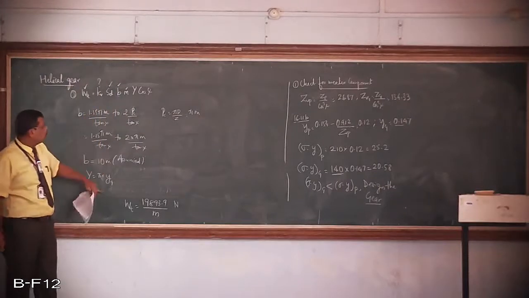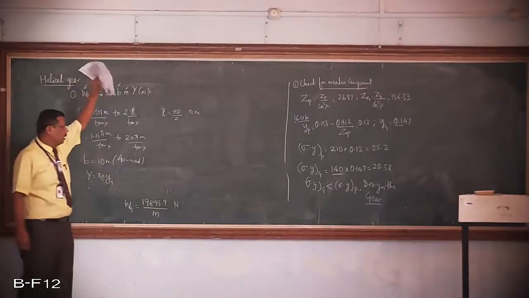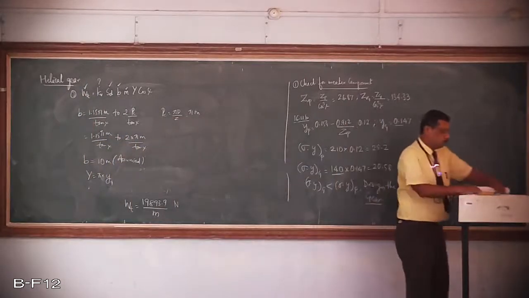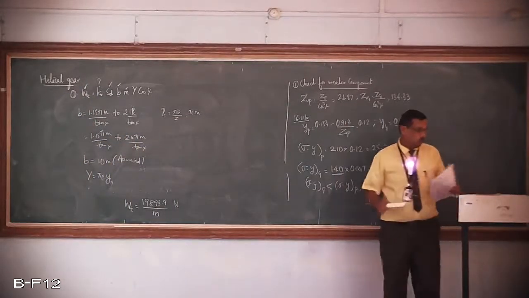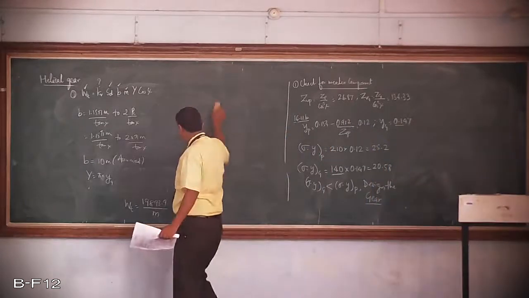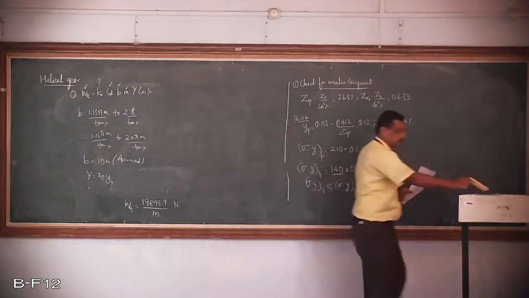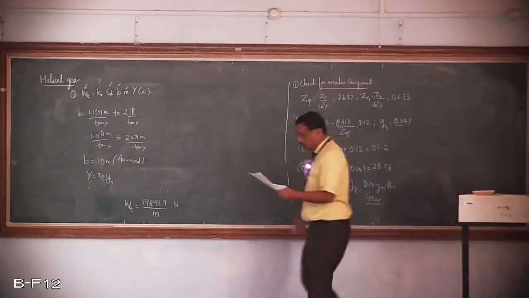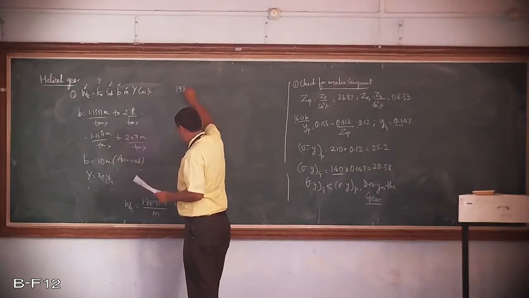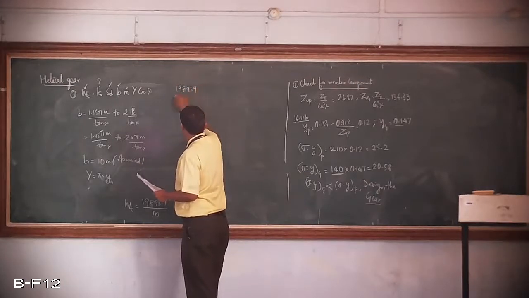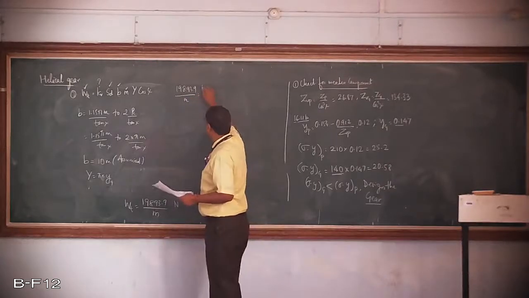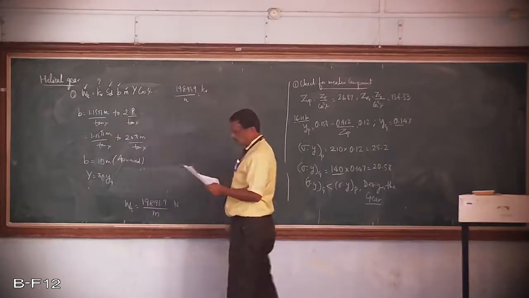Now, let us substitute all the values in this given equation and see what we get. WT is 19,890.9 divided by m. This is the first one. kV we don't know, let us keep it as it is.